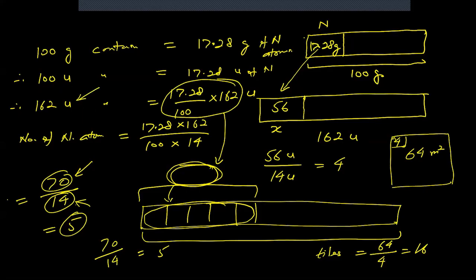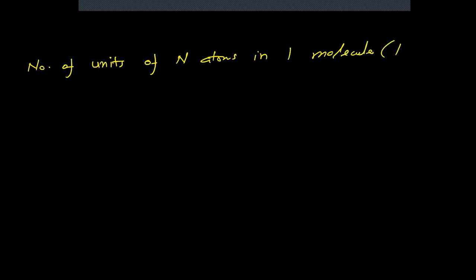Okay. Another way to look at that is: number of units of nitrogen in one molecule, that is 162 u, equals 17.28% of 162 u.